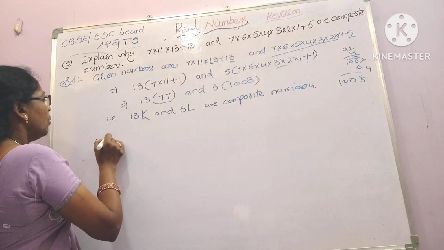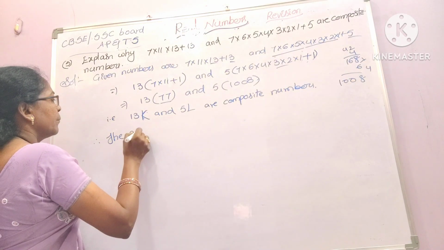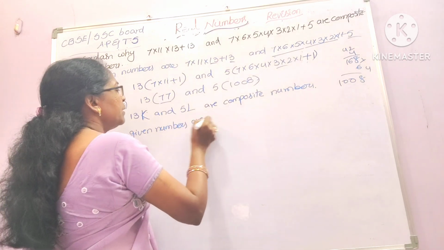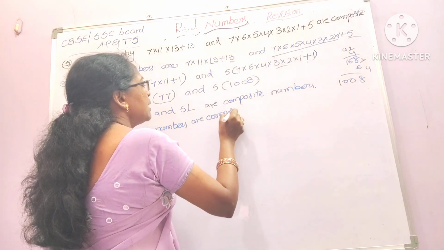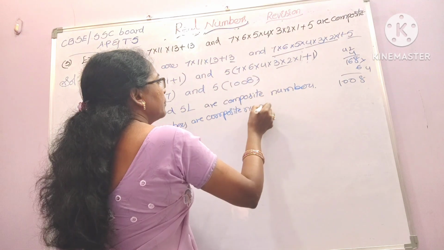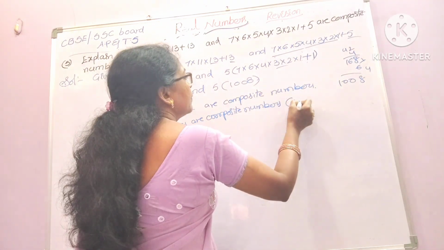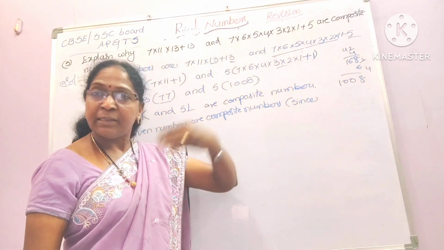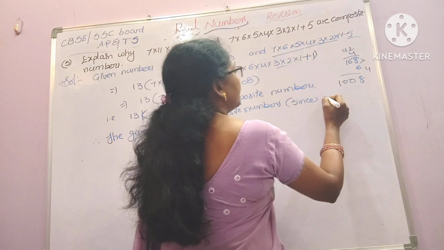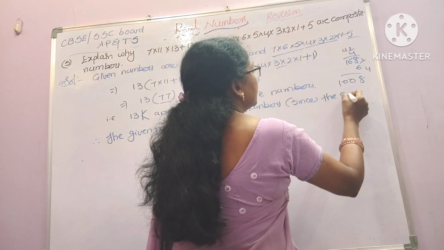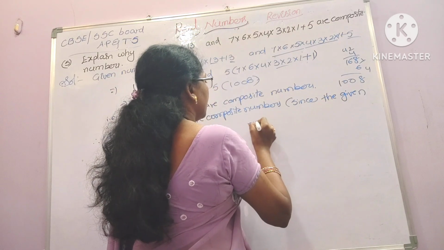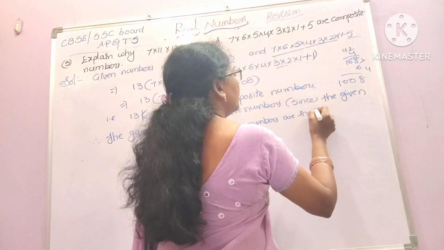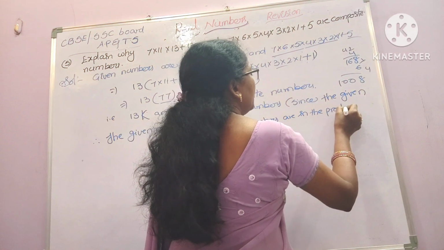Directly you can write, therefore the given numbers are composite numbers. How can you say these are composite numbers? Since the given numbers are in the form of the product of two numbers.